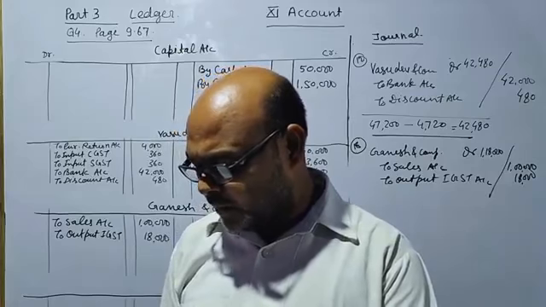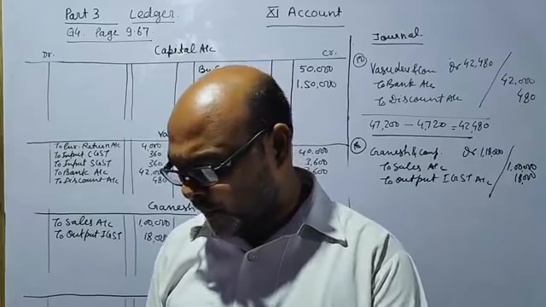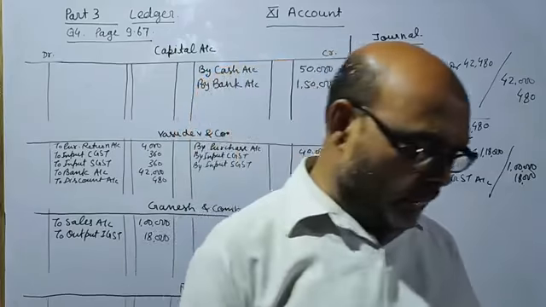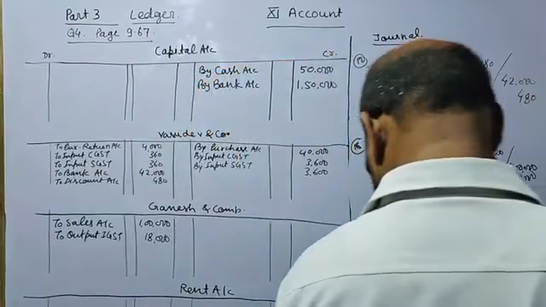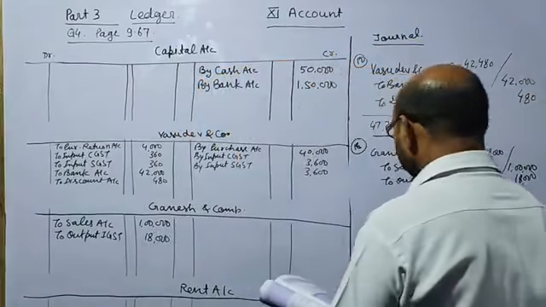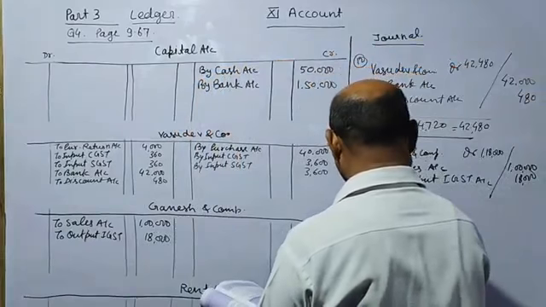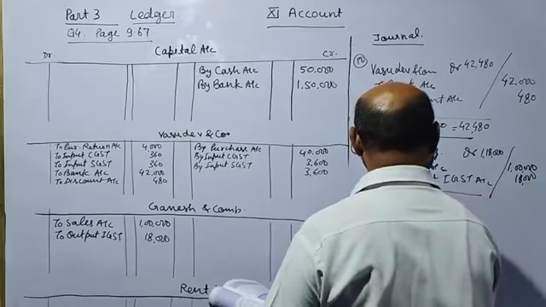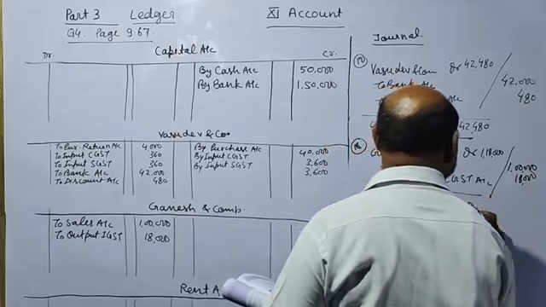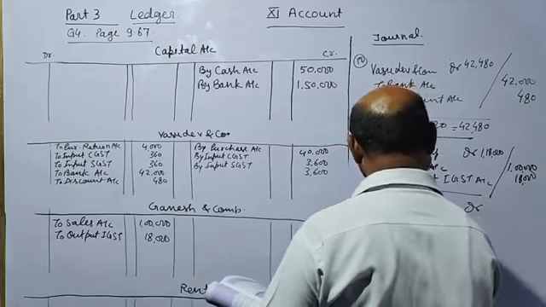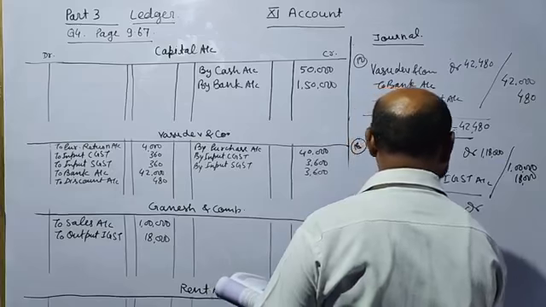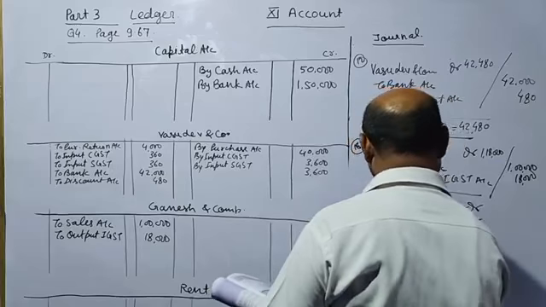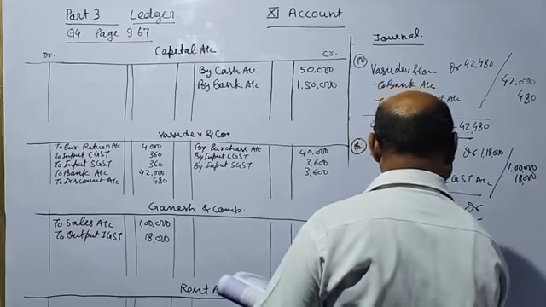Next, received from Ganesh and Company check in the full settlement. The check was immediately deposited into the bank. You have received from Ganesh and Company. So bank account debit, discount account debit, to Ganesh and Company.